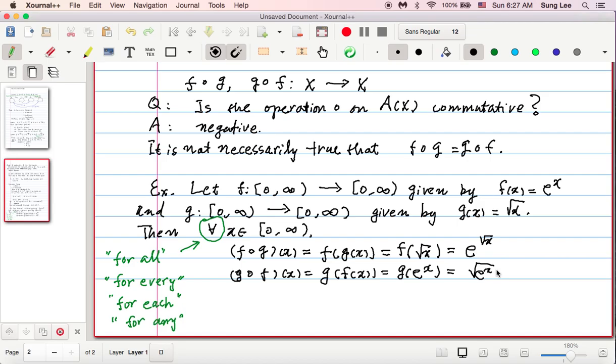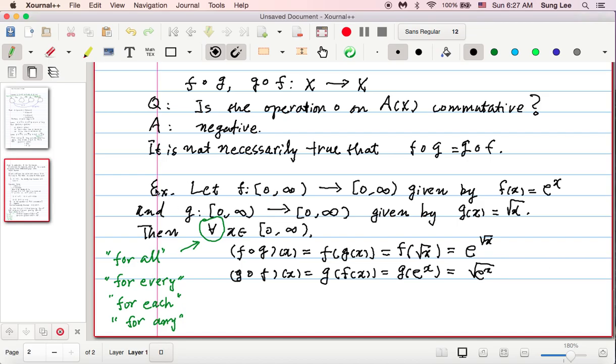It clearly shows that if, for particular numbers, the values are different, then no one can argue with that. They are really different. So let's use a particular value.